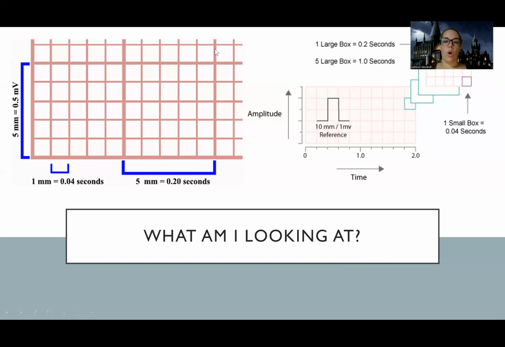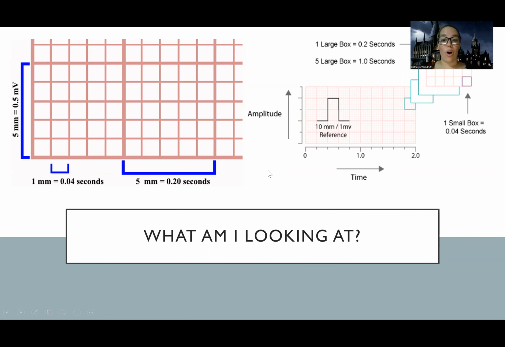All right. So why are we looking at this, right? That's what probably a lot of y'all are saying, because you might not be as excited as I am about this beautiful EKG lesson. But what we are seeing here is time. I've already spent the last slide talking a lot about how important time is. Time is such a big thing when it comes to EKG, because that's effectively why there's all these boxes.